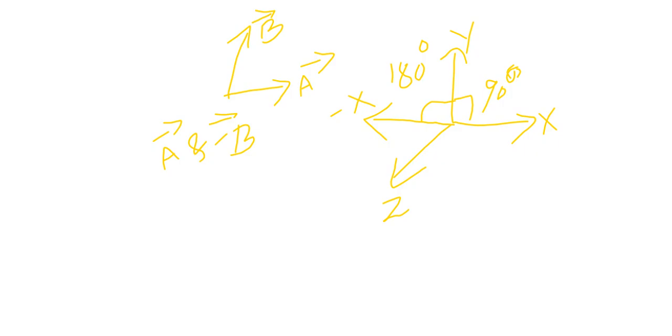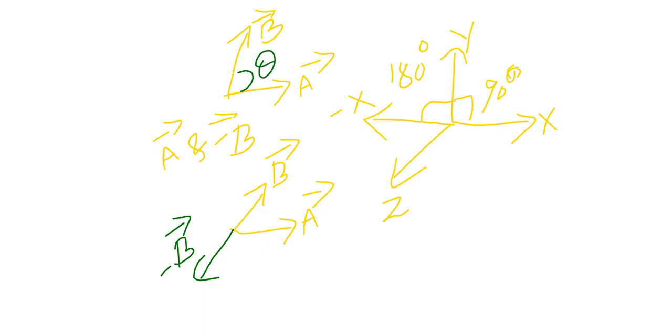A bar is like this. So minus B bar means extend like this. This is minus B bar. Suppose the angle here is theta. This angle is 180 minus theta.